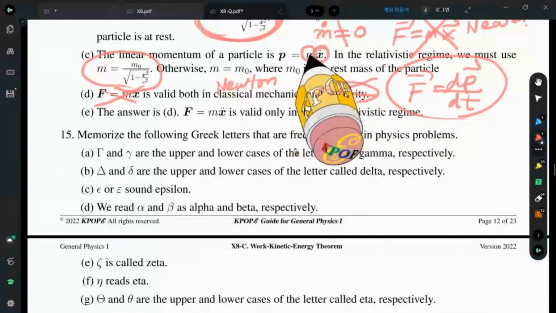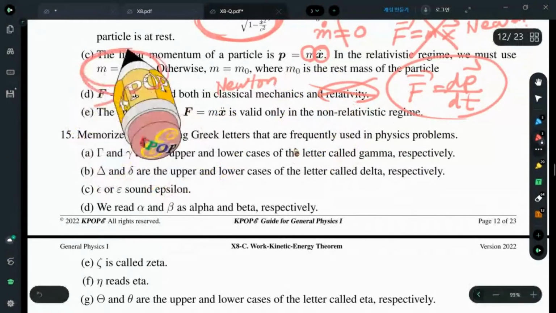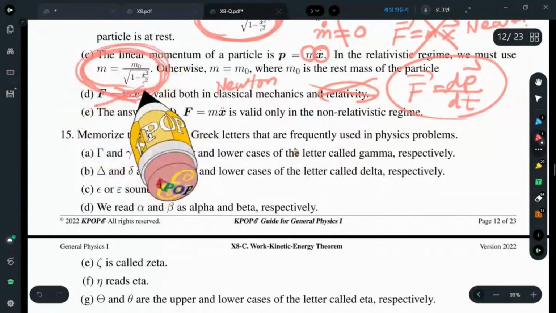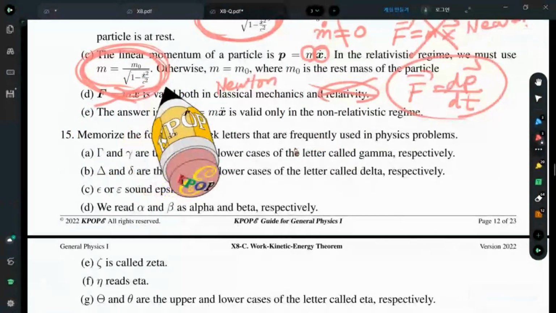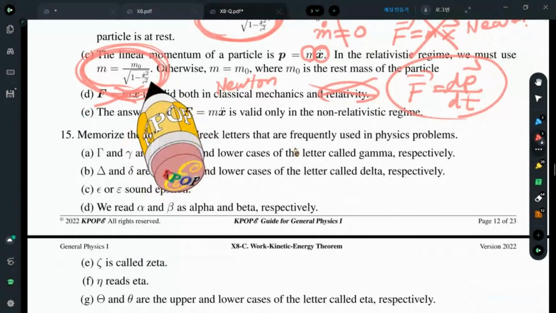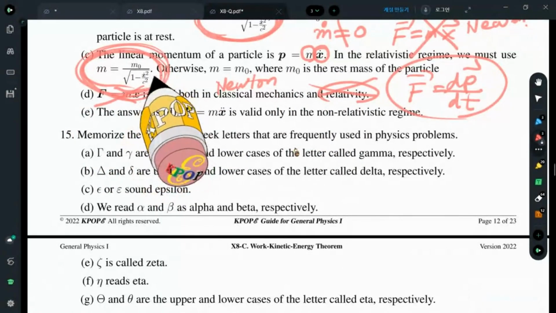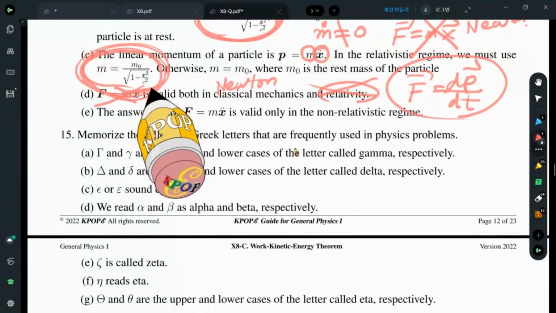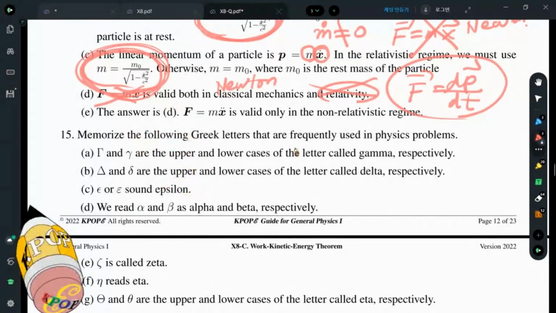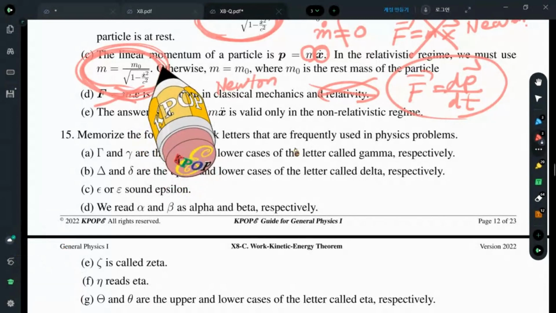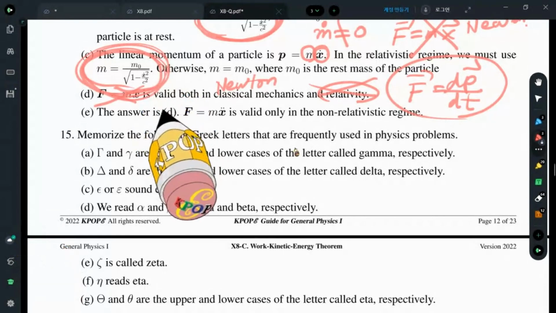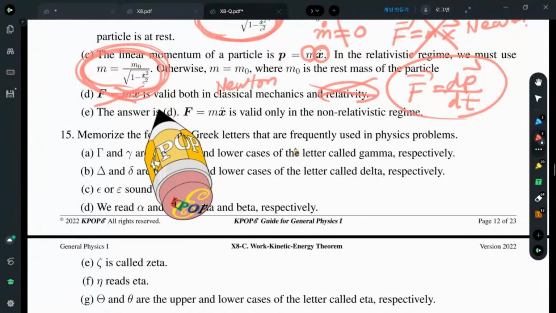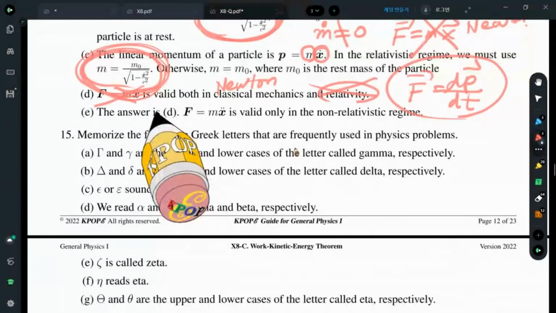That's fine. However, this mass varies depending on the velocity, and no object can have a velocity greater than the speed of light. The only particle that can travel with the speed of light is the photon, an electromagnetic wave.